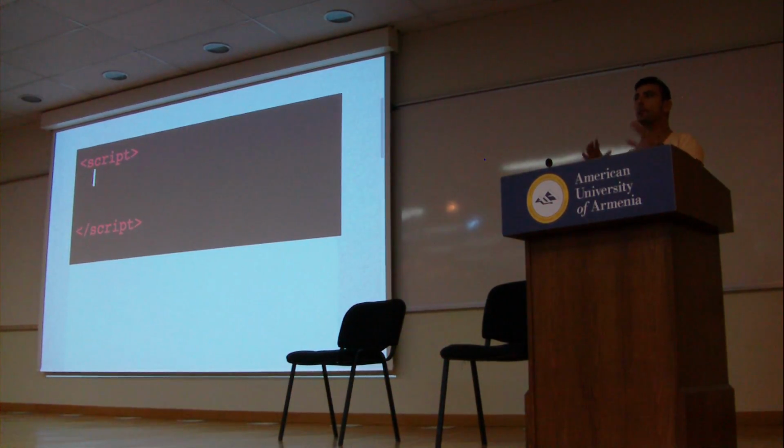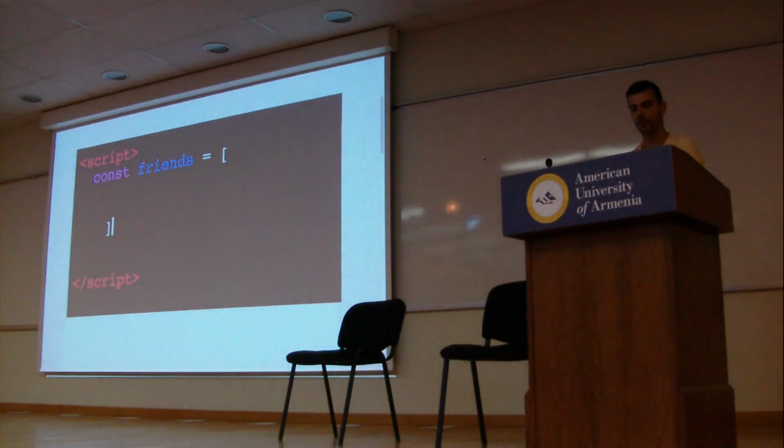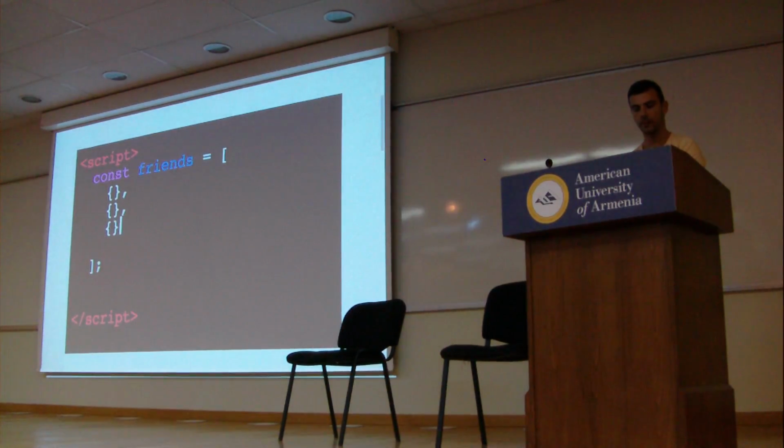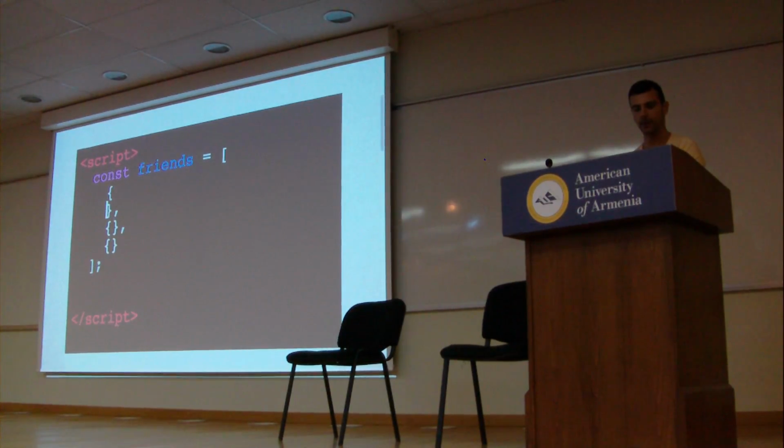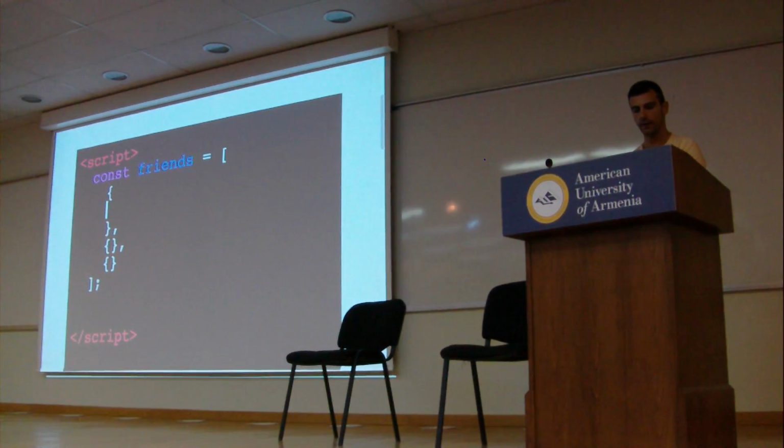So, again, let's combine these basic things that we learned together to make more sense of this. So, const friends is an array. In this array, we have a bunch of objects. This first object, who's my first friend? Let's see. We're going to have first name. Actually, let me keep it simple.